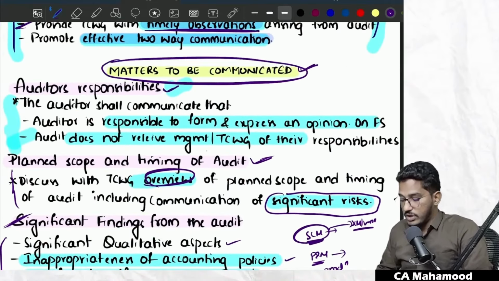So what specifically do I have to communicate in case of a listed entity in addition to the above matters? The auditor shall communicate with those charged with governance whether the engagement team, the firm, or the network firm, everybody, has complied with the ethical requirements or not.